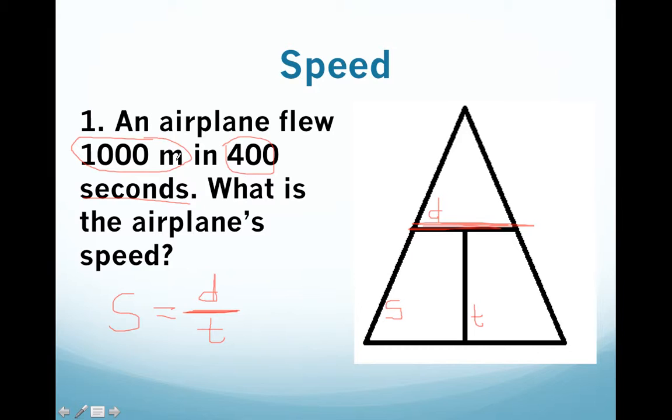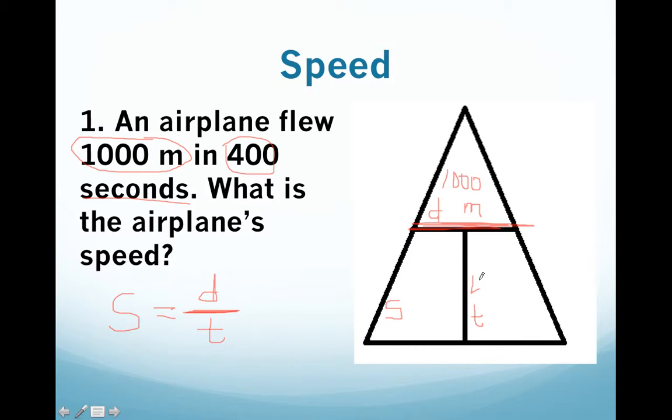So the 1,000 meters, M is meters, and that is a distance. So I'm going to plug this number in up here, 1,000, okay? And I'm going to write my unit down. It's a meter. Okay, and then we have 400 seconds, and second is your time.